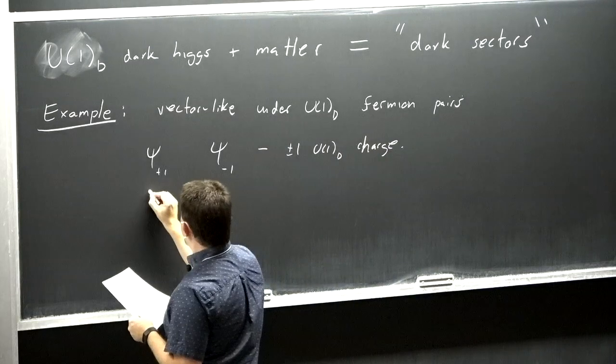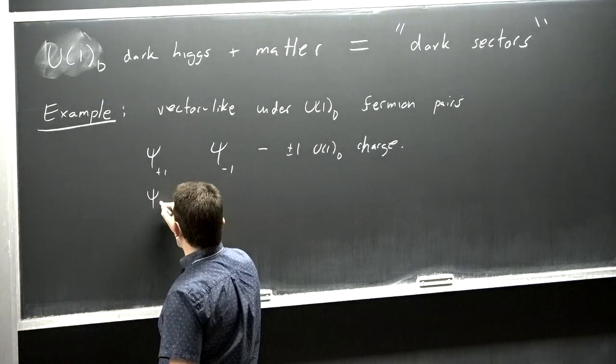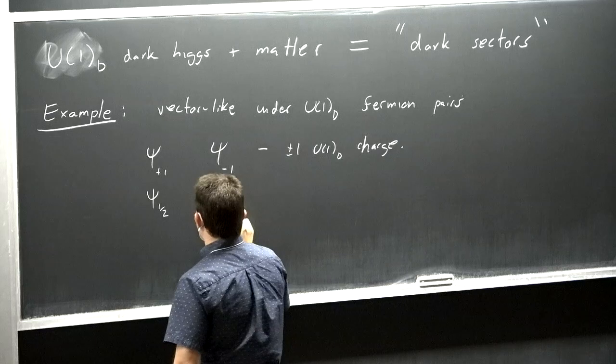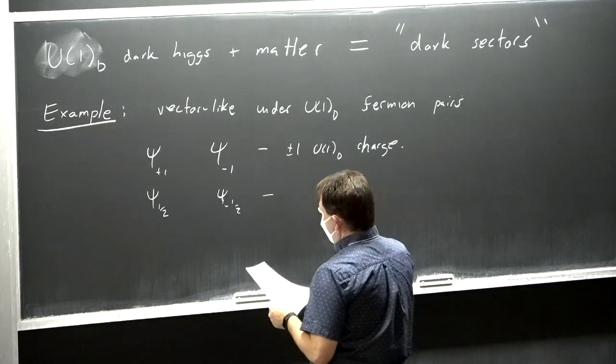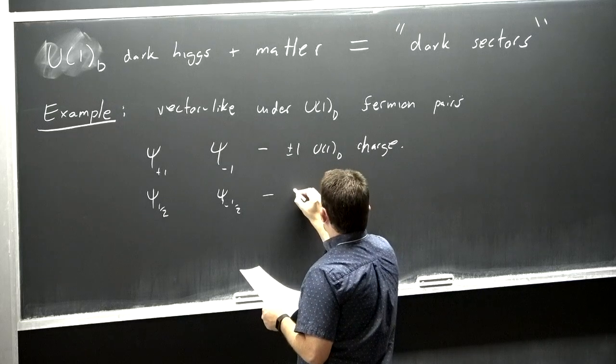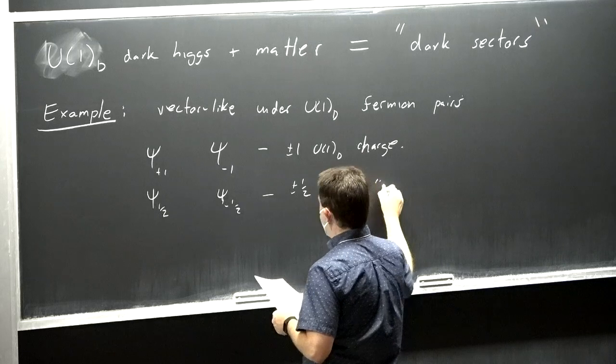And we can imagine, if we want to make a dark sector look standard model-like, you would introduce something that's chiral, or at least can be thought of that way. So this would be plus or minus 1/2 U(1) dark charge.